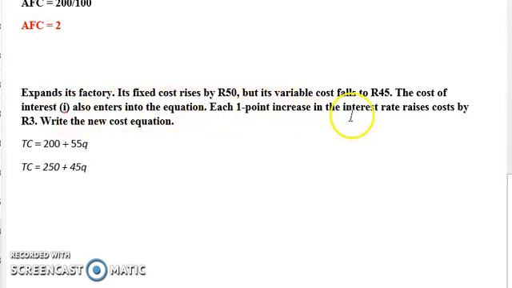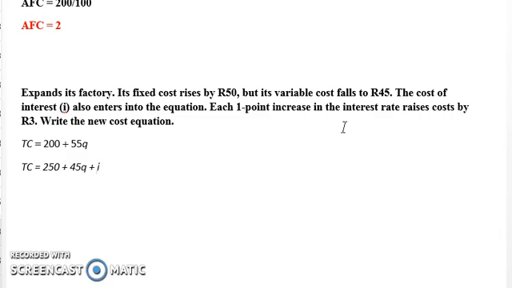The cost of interest also enters into the equation. Each 1 point increase in the interest rate raises the cost by 3 Rand. So that means we also have to include borrowed money. For every increase in the interest rate, the cost increases by 3.